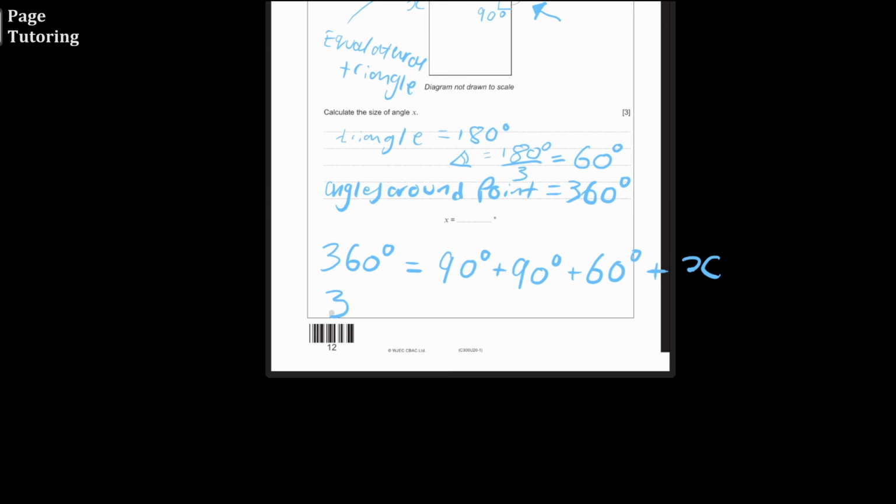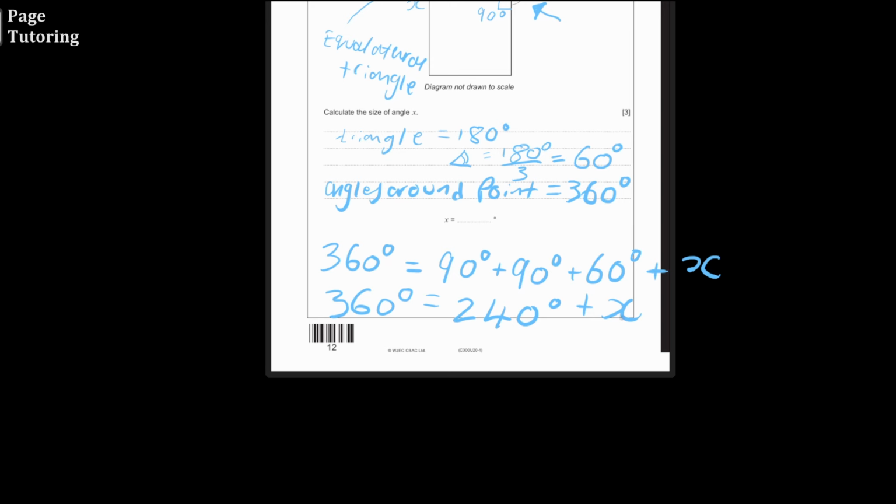So we can say 360 degrees equals, we'll add up these angles here. You can put this in your calculator or do it in your head. So 90 plus 90, that's 180, plus your 60, that's 240 degrees, plus x. So something plus 240 degrees equals 360.